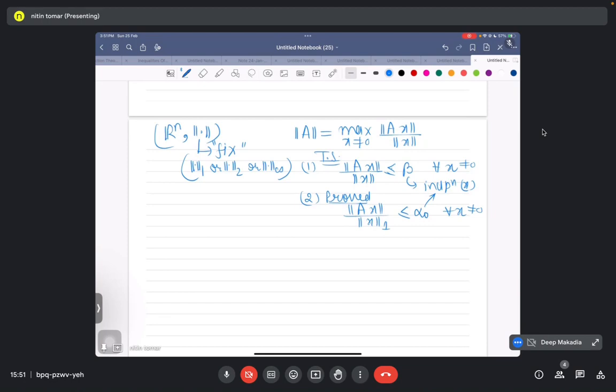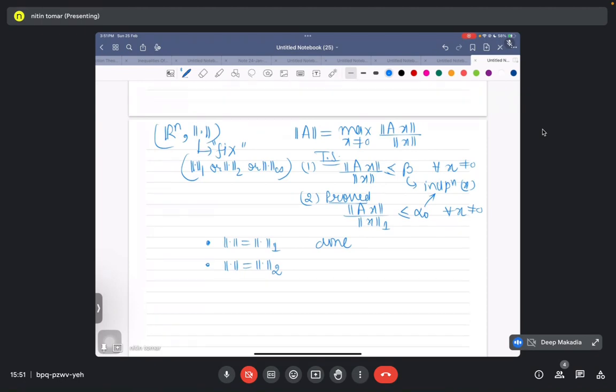Exactly. So there are only three possibilities, right? Three possibilities when this norm is norm one, correct? Then I am done in this case. Now what about if the norm is norm two?